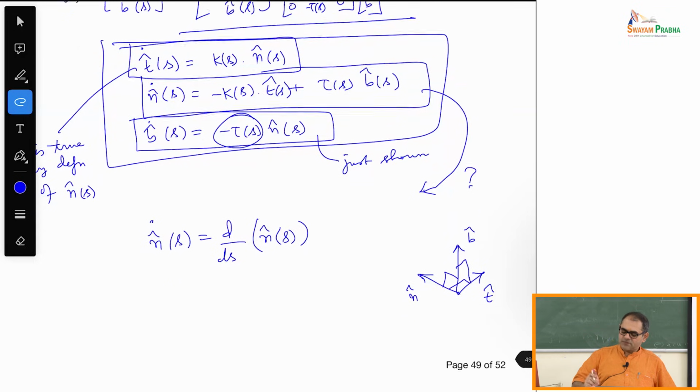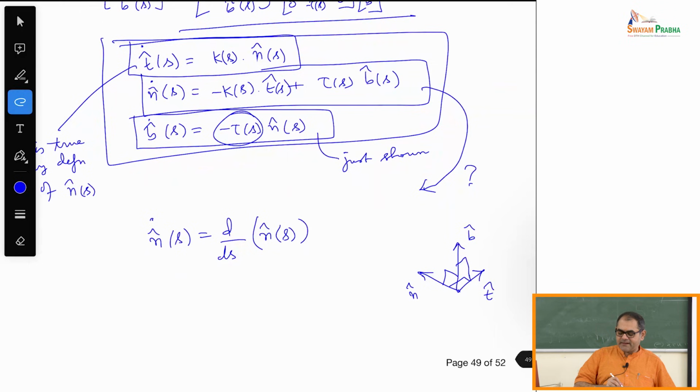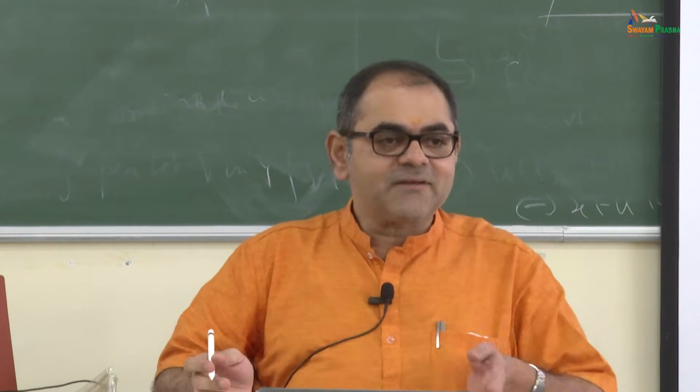So from this you can write n cap in terms of t cap and b cap, and what is that? n cap will be just b cap cross t cap. Okay, right? Have I written it correctly? i cross j is k, so b cross t is n, so that's correct. Okay, fine. So you have to be careful about that.